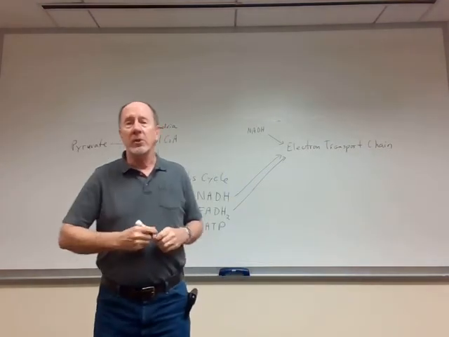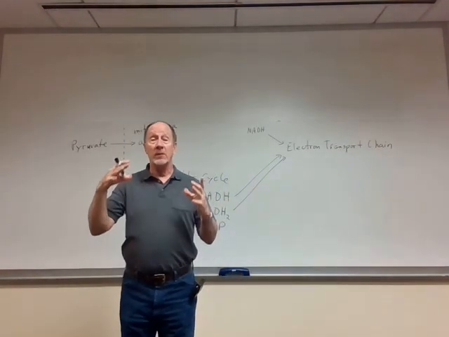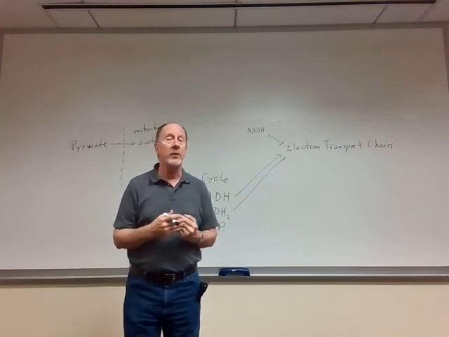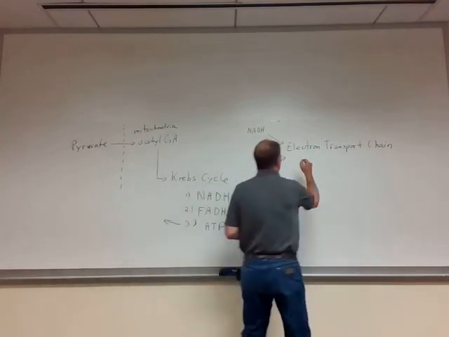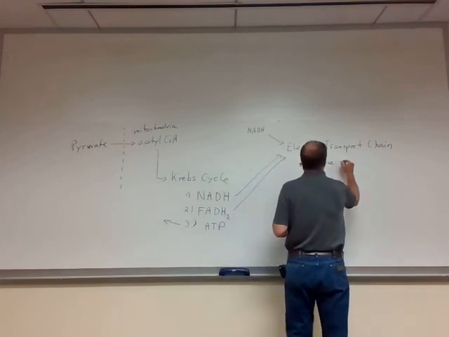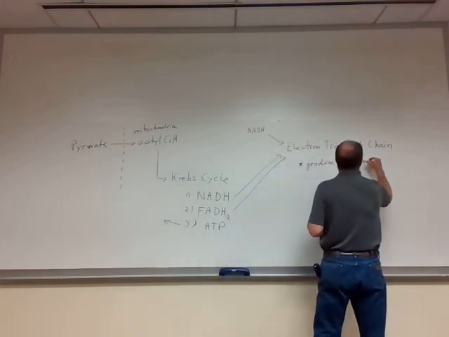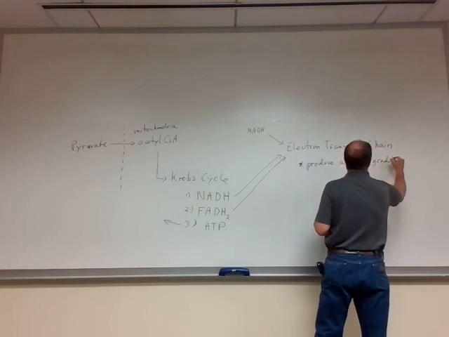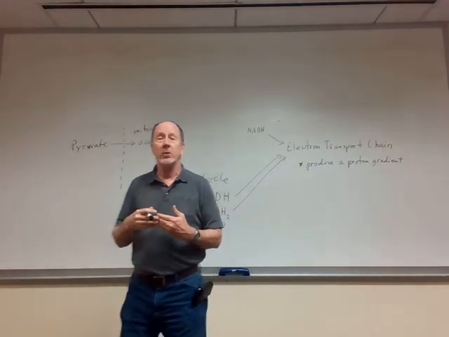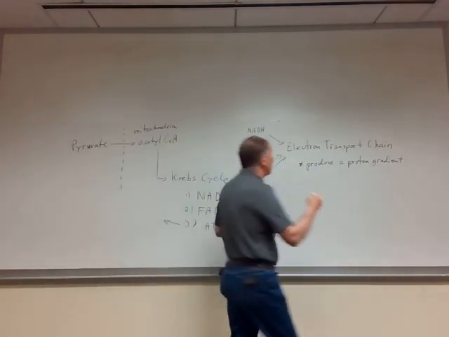The electron transport chain is a series of proteins that are in the cristae, the inner membrane of the mitochondria. And the goal of the electron transport chain is to produce a proton gradient, to establish an artificial proton, which is a hydrogen ion, gradient.